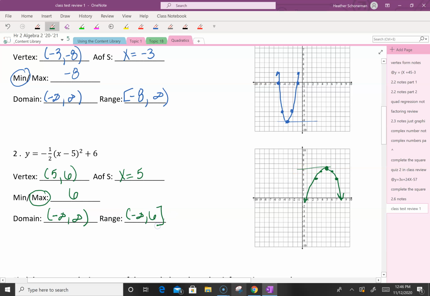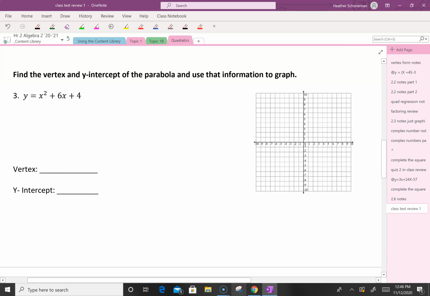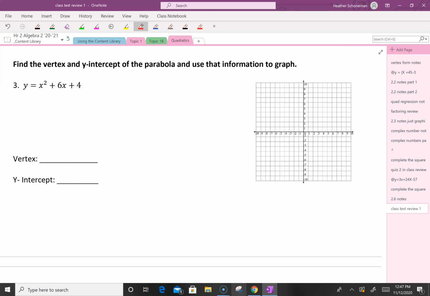All right, for these problems, we need to find the vertex and the y-intercept. The vertex is found by taking -b over 2a. That'll give you the x-coordinate. So this is my a, my b, my c. So opposite of b would be -6 over 2 times a, which is 1, which is -3.